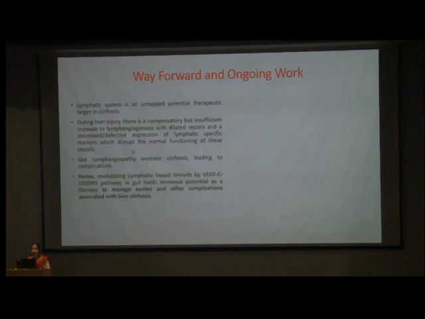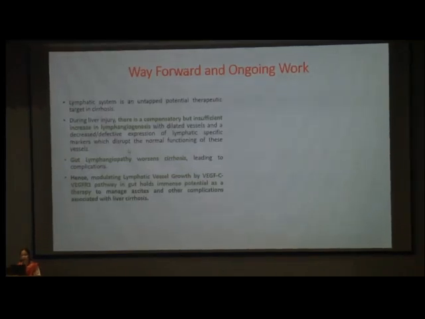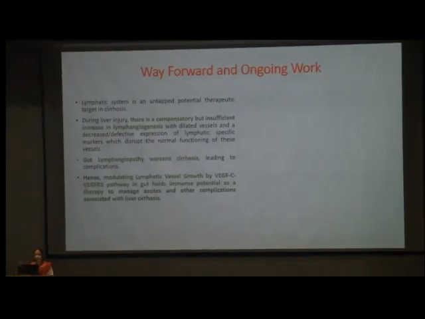When I say increased compensatory lymphangiogenesis, I'm not talking about the liver, but the lymphatic system as a whole. Gut lymphangiopathy certainly worsens cirrhosis and is important in the progression of complications in cirrhosis. If we modulate lymphatic vessel growth by giving VEGF-C or activating the VEGF-C-VEGFR pathway, it holds immense potential to manage ascites and other complications.